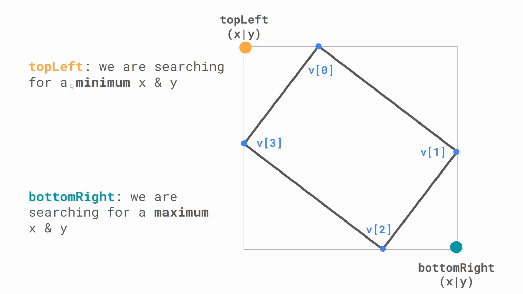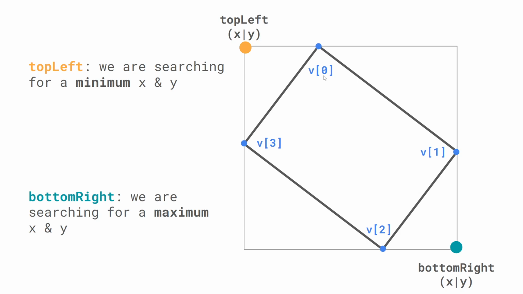I'm gonna make an example for the top left now. Since we need to search for a minimum value, we need to set these two variables first with a really large value. And then we are going through every vertex.